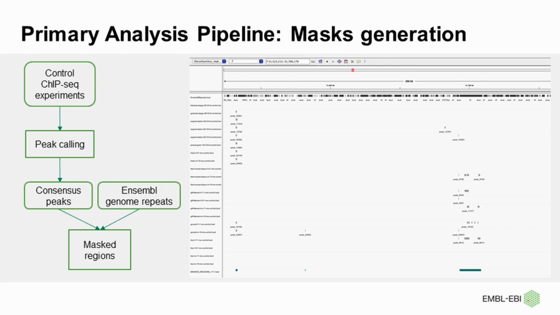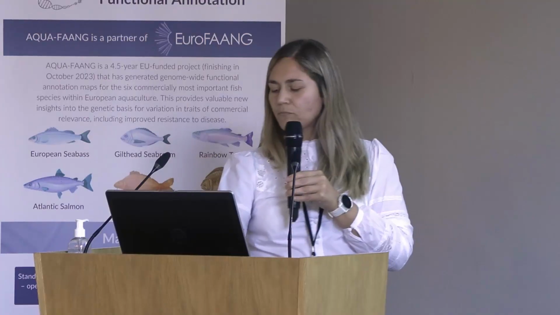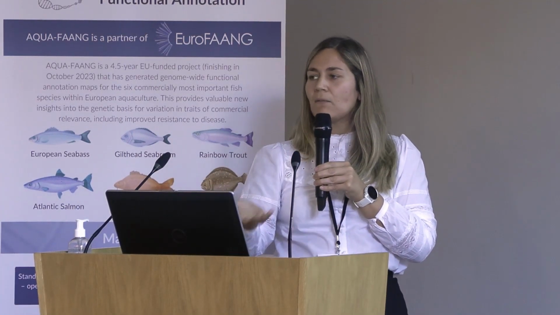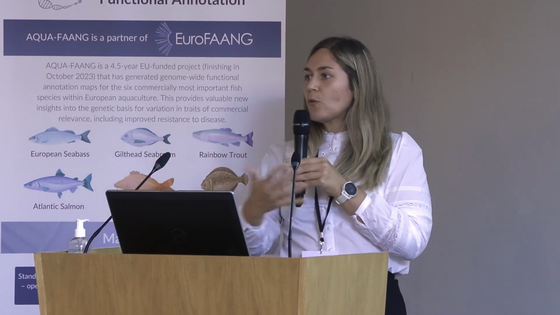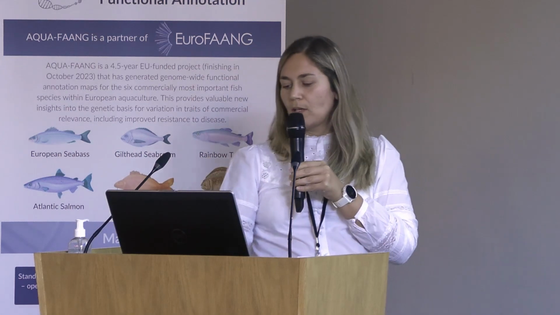So basically at the end, we ended up just masking the regions that are highly mappable in our experiments, right? So in this case, this region, instead of having all these repeats marked, we only have these three, right? So this allowed us to have less fragmented peaks and also to retrieve more information from different genomic regions that otherwise will be fully masked.